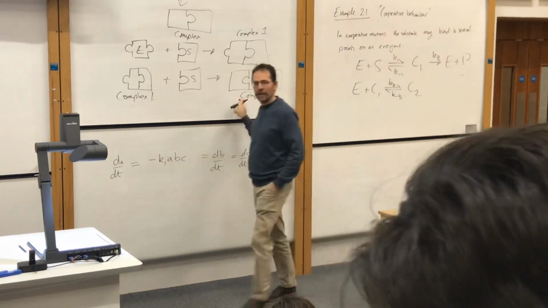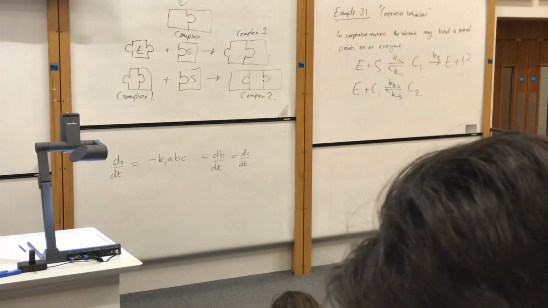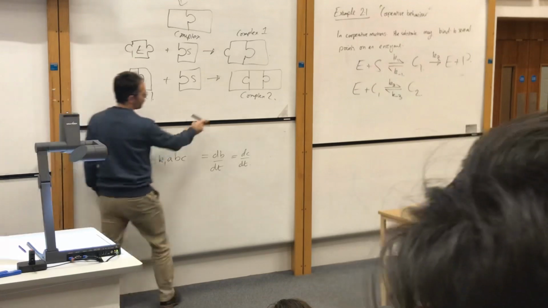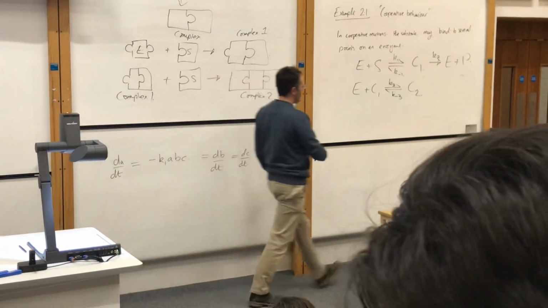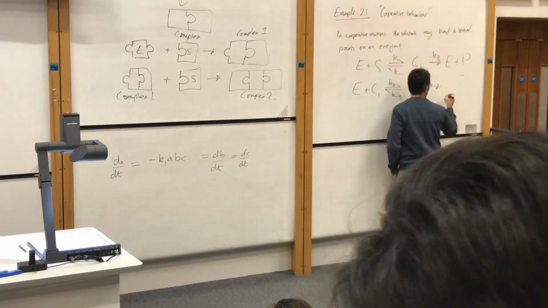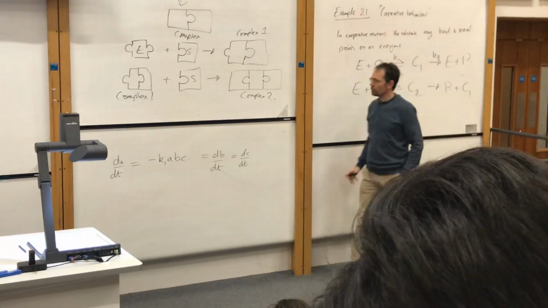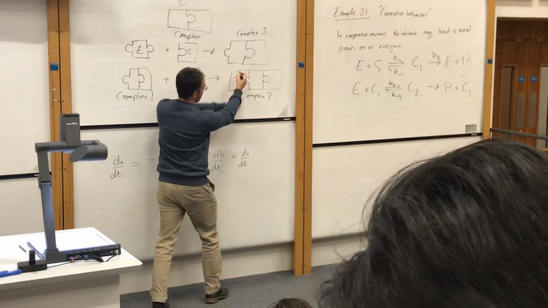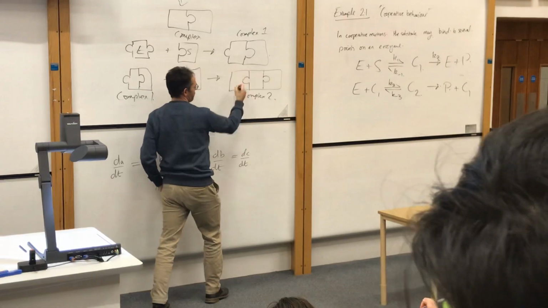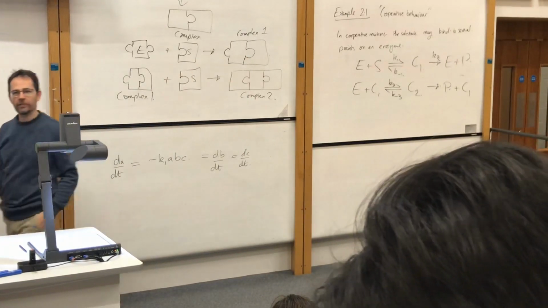And then that complex C2 can work to release one of these substrates, converting it into product, and so product plus that complex 1. Because from this form here, if it converts this piece of substrate into the product, that bit will disappear and you'll be back to the complex 1 left.